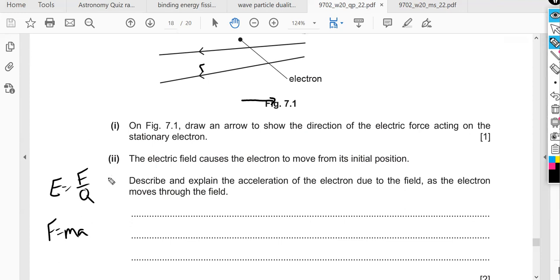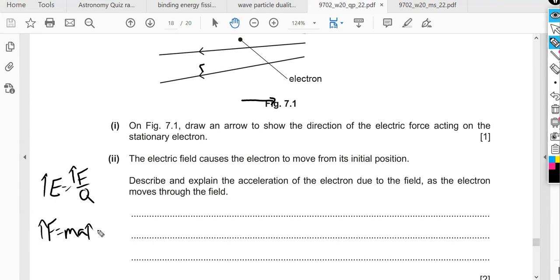All right, so the two equations that we can use to anchor our thoughts here are the equation for the electric field and Newton's second law. So a stronger electric field is going to mean stronger force, and a stronger force is going to mean greater acceleration. And you want to put that in your own words right here, right? Describe and explain the acceleration. So the acceleration is going to increase. That's a description.